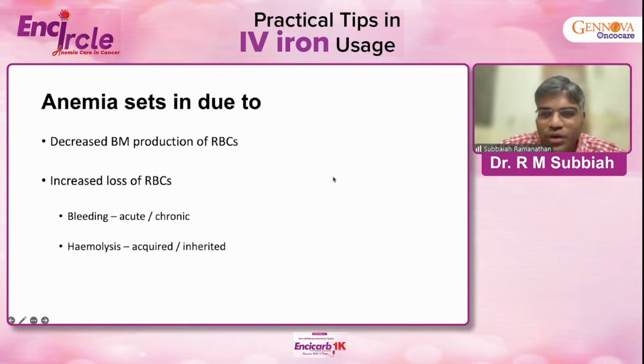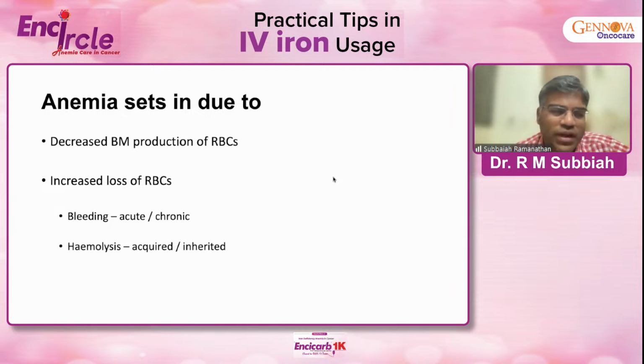The first important thing is to understand that anemia can happen due to these reasons. Either there is less production in the bone marrow, where red cells are fewer, or there is increased loss. The loss can be in the form of bleeding, which can be acute or chronic for a long time, or due to hemolysis, where blood cells are lost due to destruction, either intravascularly or extravascularly, and again it can be acquired or inherited.